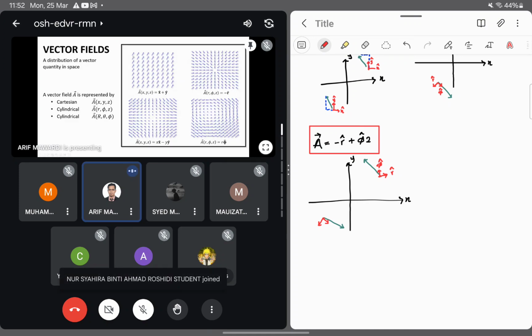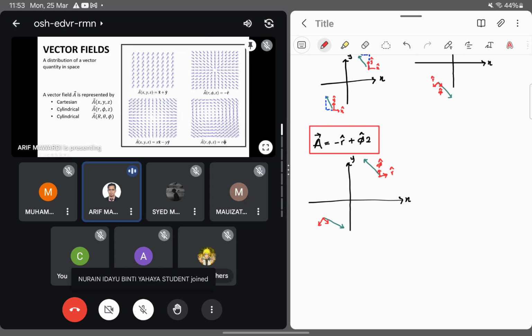So in general, in a vector field, at different locations we have different vectors. For example here, at this point the vector looks like this, and at this point the vector is pointing upward.